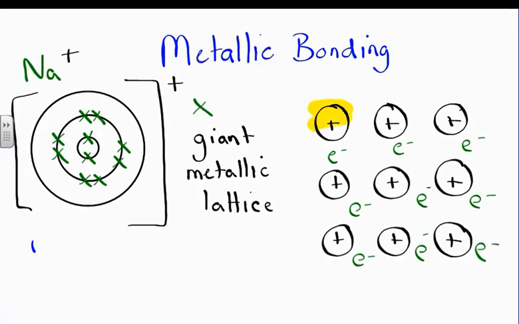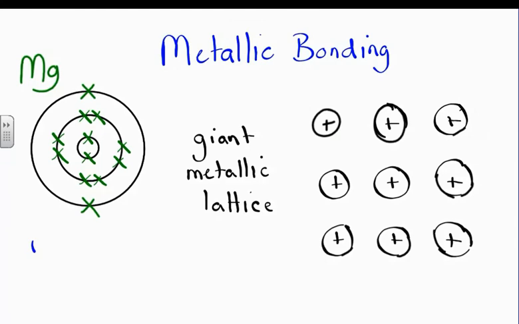So with metallic bonding, what's keeping this structure together? It's the attraction between those positive ions and the negative electrons. So with metallic bonding, it is an electrostatic attraction between positive metal ions and the negative electrons.